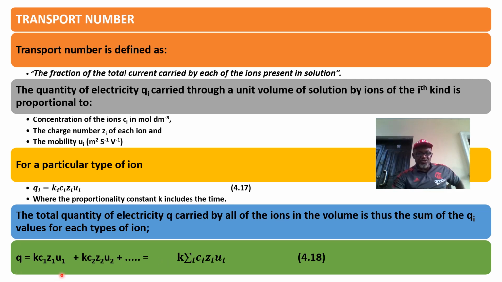So the total will be equal to K(C1 Z1 U1 + C2 Z2 U2 + ...), if there are still other ions. That is K times the summation of Ci Zi Ui, from i equals 1 to the total number of ions in the solution.